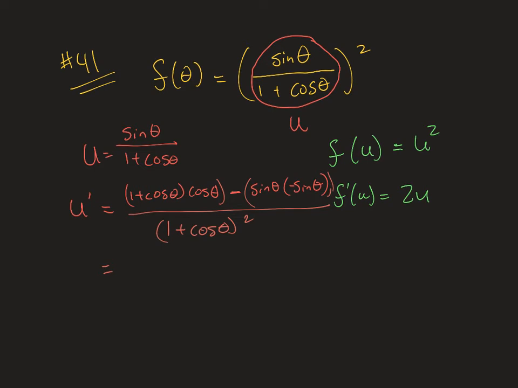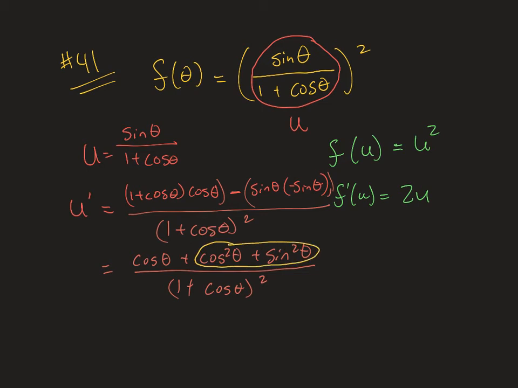I get cosine theta plus cosine squared theta minus negative sine squared theta, so that's plus sine squared theta, over 1 plus cosine theta quantity squared. Ooh, I like where this is going. Take a look at this. Cosine squared theta plus sine squared theta, that's just equal to 1.